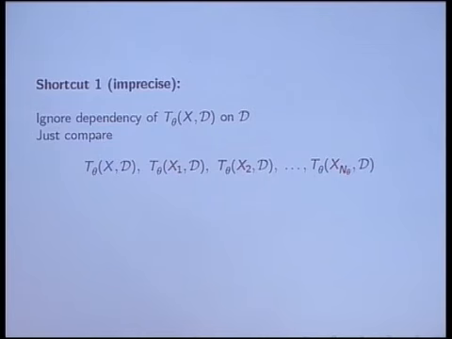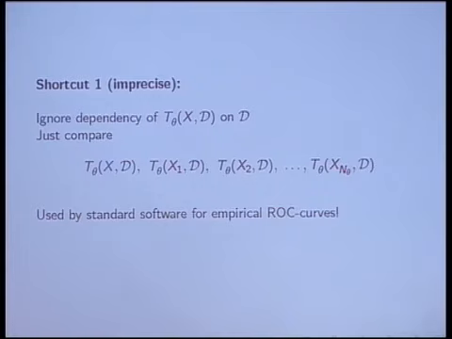Implicitly, this is done by standard statistics software like SAS or SPSS, producing receiver operating characteristic curves for classification. Okay, that's implicitly used, and I think it's a bad idea because it gives you very biased results.